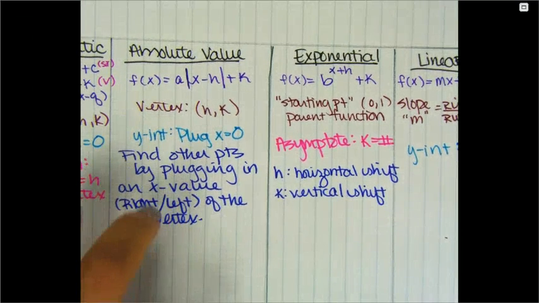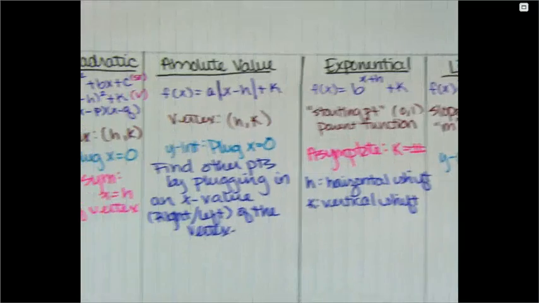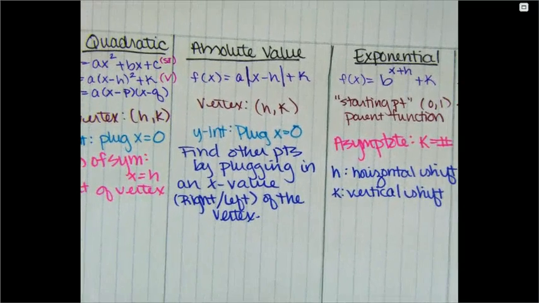What do quadratic and absolute value have? They both have something special. Linear doesn't have it, neither does exponential. They both have a vertex, which means they both have a what?